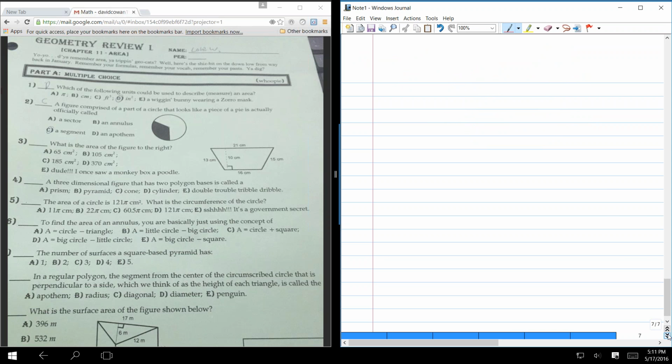Number 4. A three-dimensional figure that has 2 polygon bases is called a... Prism? Yeah, and in fact, that's not really the definition of it. Those polygon bases have to be the same size and they have to be parallel to one another.